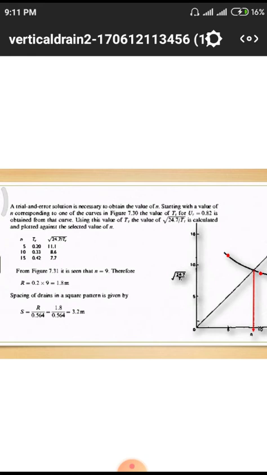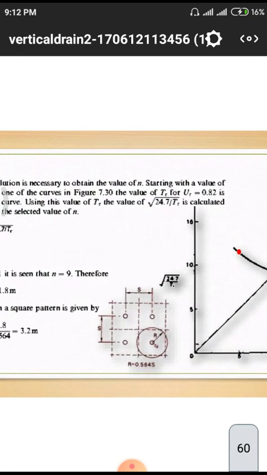From those trial graphs they simply stated that the r value is equal to 1.8 meters and the s value is equal to 3.2 meters. That means r equal to the radius of the pipe, simply 1.8 meters, and the spacing from pipe to pipe is 3.2 meters.